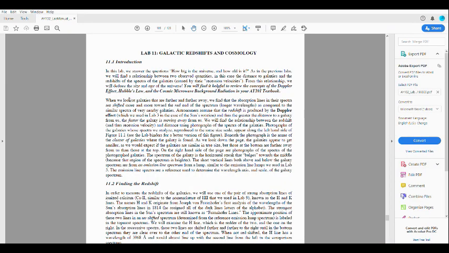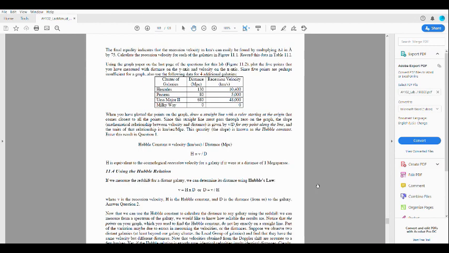Okay, let's see how it works in this lab. In your manual, there's a table with a few galaxies. We have their distances and their recession velocities.